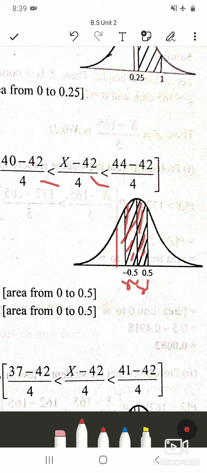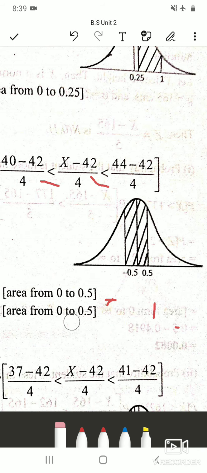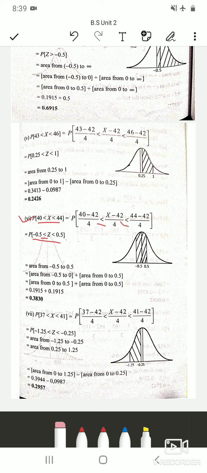Suppose you wanted the range from minus 1 to 0.5. From the table we would first find the area from 0 to 0.5, and to get the area from 0 to minus 1, we would check 0 to plus 1. So we will see how it is written.